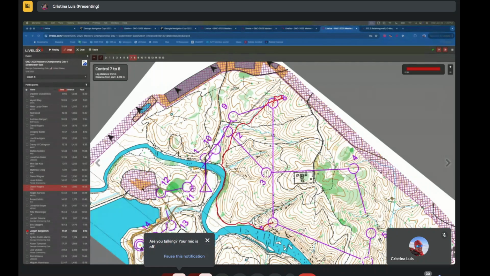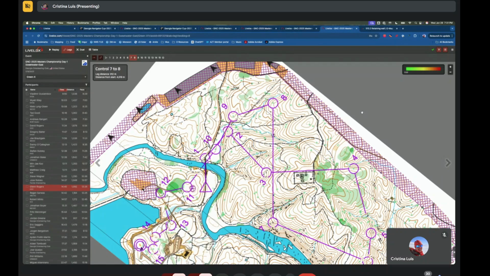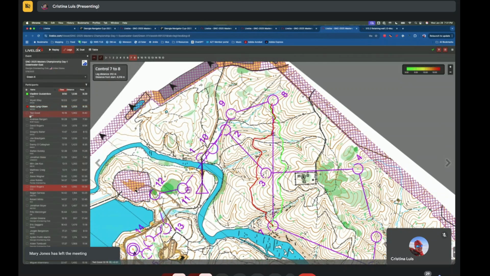Anybody else who ran this leg like to talk about it? And we have a few people. Yeah, it's Minjay here. I think this was the leg where I got a little impatient and was considering taking the route that Wyatt Riley took going up, but then I was like, actually, I think I'm just gonna go straight. But then I regretted it immediately because of the climb up the valley.